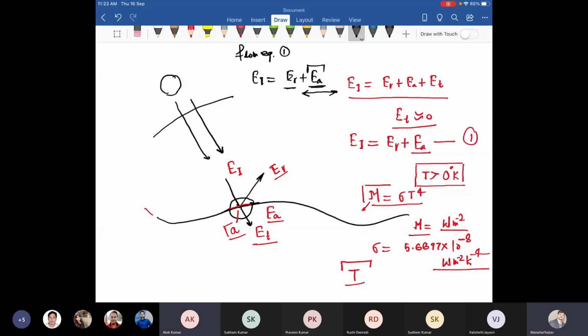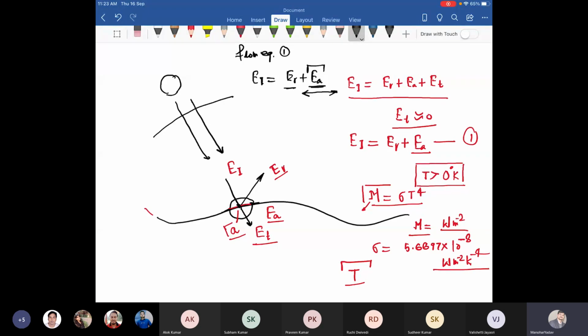Again, this is a question for you. We have already had enough discussion on this. The surface temperature of the material will increase. Obviously, I have already discussed the law of conservation of energy. It tells that energy is constant, but it changes its form.